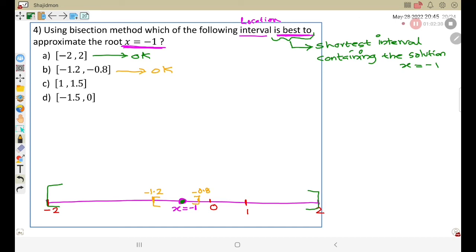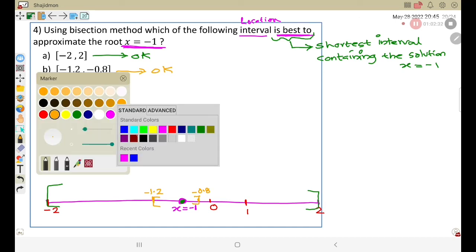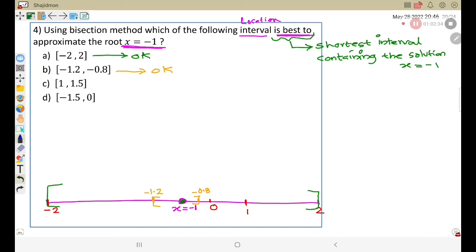Now 1 and 1.5. I am using a different color for your understanding. 1 is here, 1.5 is here. Can we take this interval? No, because there is no answer in between these two numbers. Our answer x equal to minus 1 is not in between them, so this interval we cannot take.